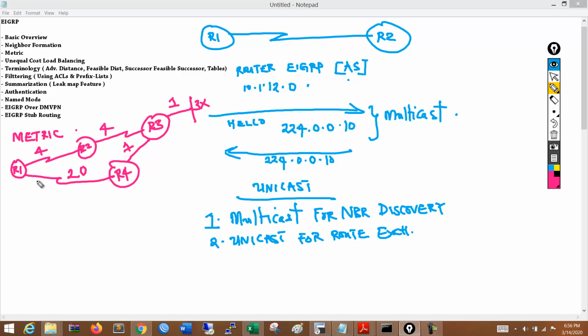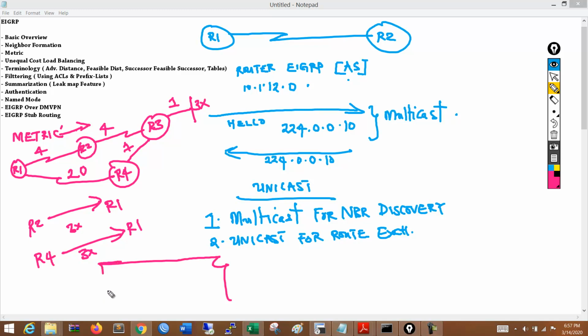So EIGRP will use metric to decide, because R2 will advertise to R1 the network 3x. R4 will also advertise the network 3x to R1. So R1 now knows about network 3x via R2, and also network 3x via R4, in its EIGRP topology table.